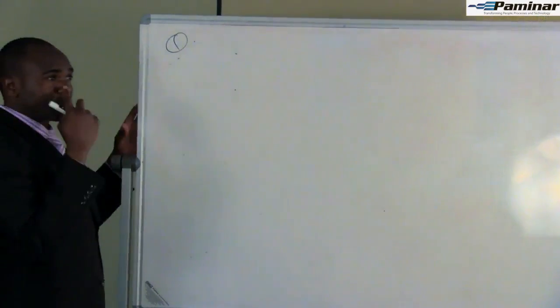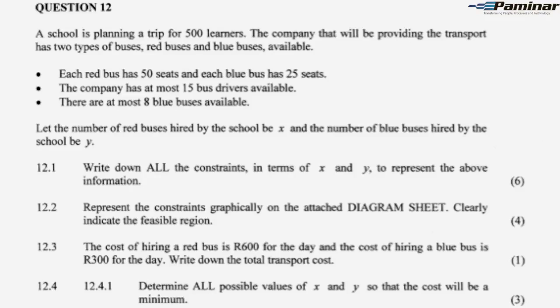Now question 12 says: a school is planning a trip for 500 learners. The company that will be providing the transport has two types of buses available, red buses and blue buses. Each red bus has 50 seats and each blue bus has 25 seats.